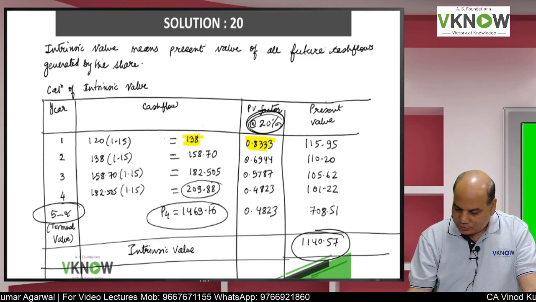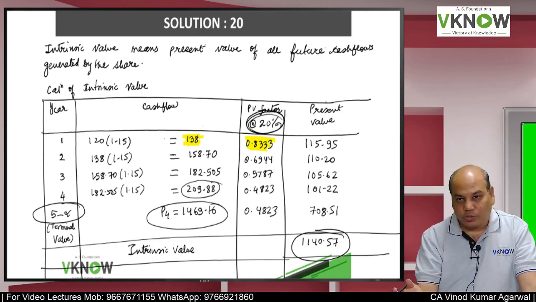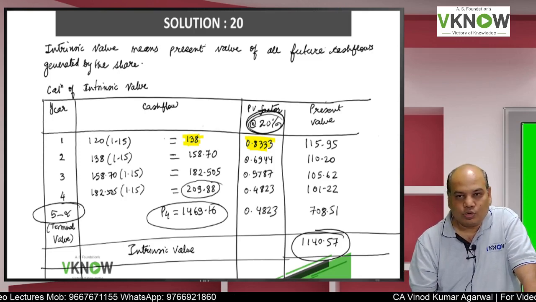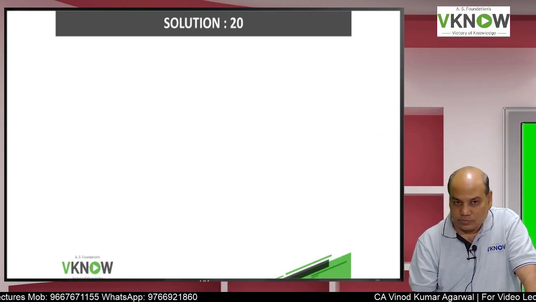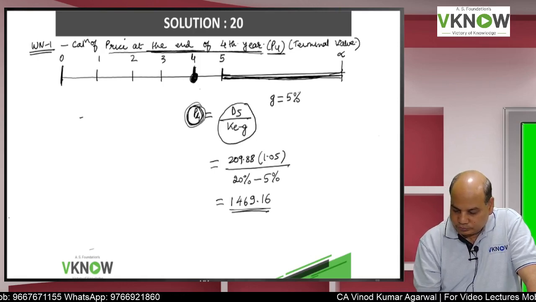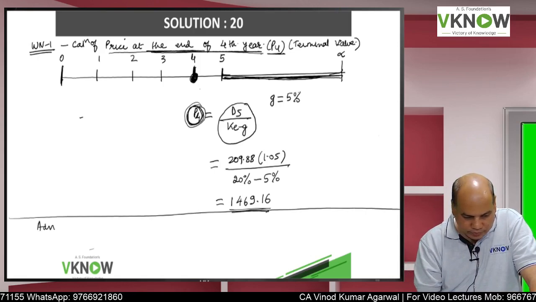The market price of this share is 3122, but you are willing to pay only 1140.57. Is it overvalued or undervalued? Overvalued. So write a note or advice.